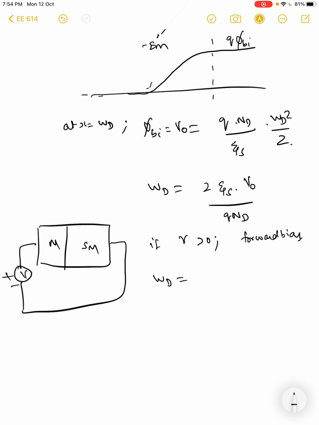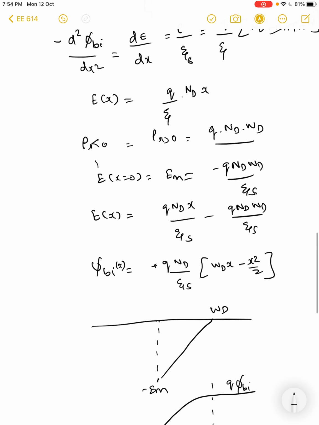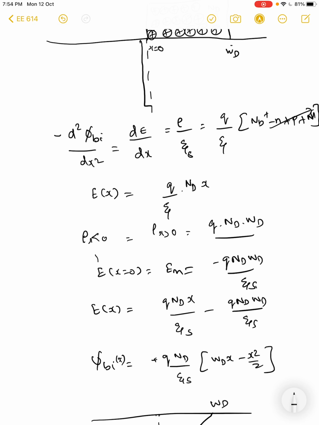Anyways, so let's continue. So with this, W, the width of the depletion will be root of 2 epsilon s by q nd V naught minus V, which is applied bias, minus kt by q. And we know from where this kt by q comes. Kt by q comes as the right solution, because we have made an approximation that n and p are much smaller than nd.